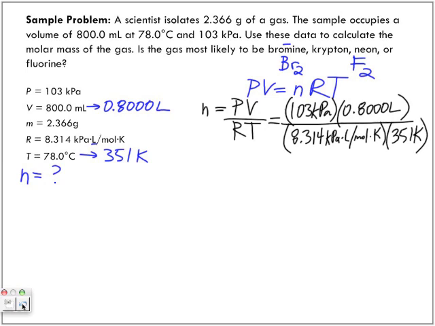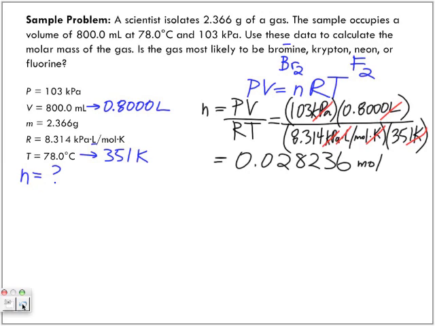So we start canceling out. We know what units we should have here at the end, and that's moles. So when we multiply all that together, we should get a number of moles of 0.028236 and a whole bunch of others. Okay, so there's the number of moles.